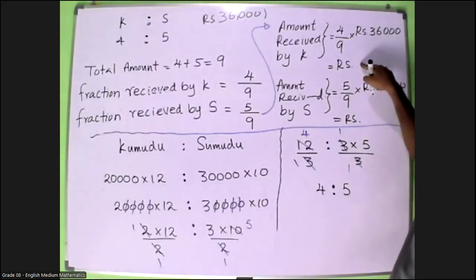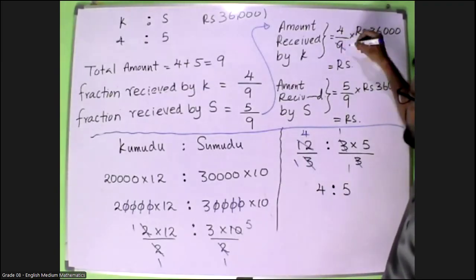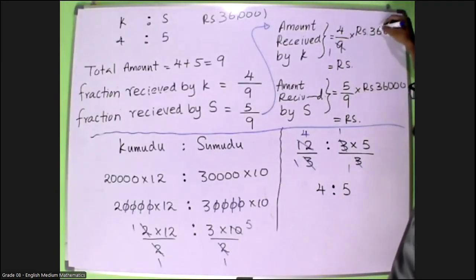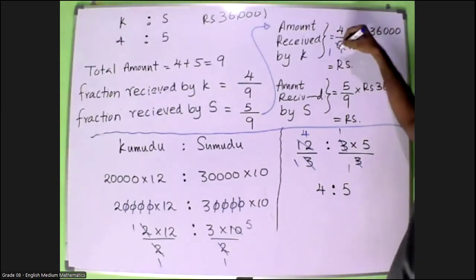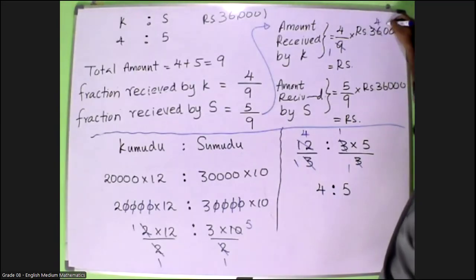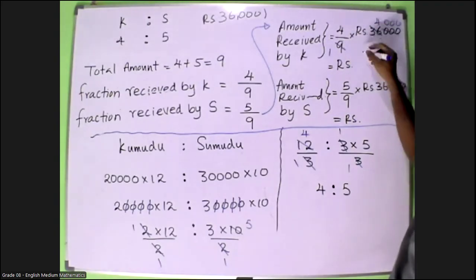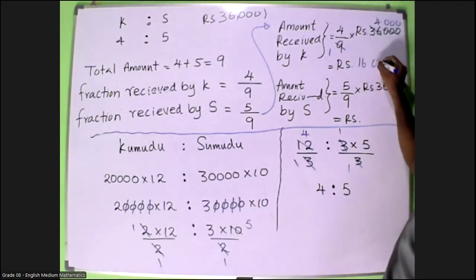So I will give you the answer here. Try to obtain it. 9 times 1, 36 can be divided by 9. So 9 times 4, that means 4,000. 4 times 4,000 is 16,000.